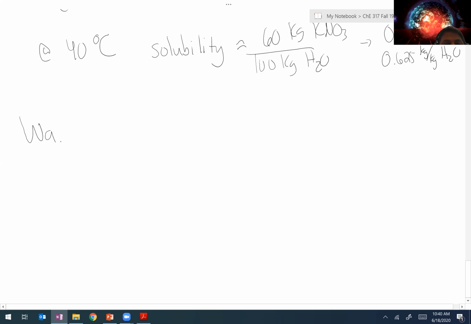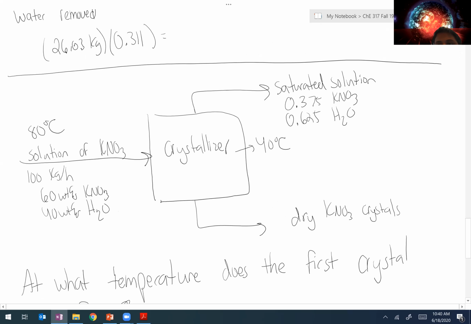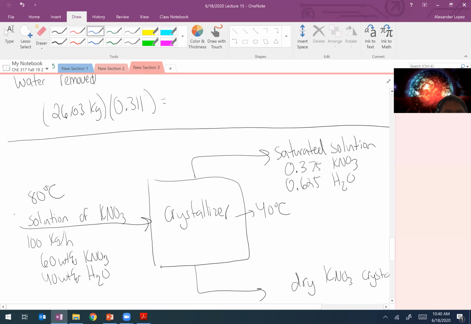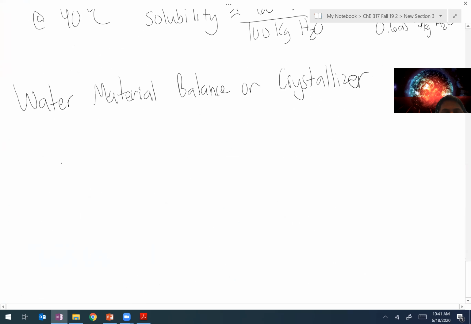So if I did a water balance on the crystallizer, and I labeled my streams properly, M1, M2, M3, I would have 0.4 M1 is equal to 0.625 M2, because the water is leaving only in M2, not in M3, and N equals out for this balance.